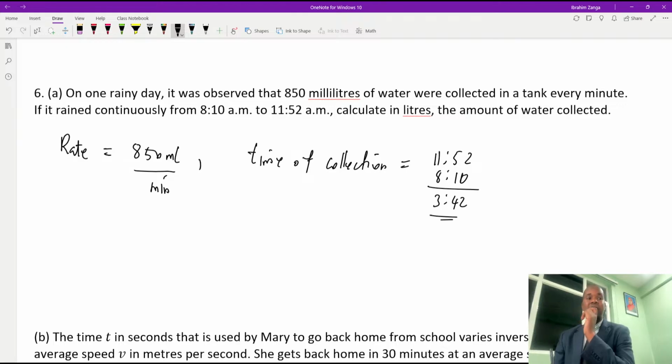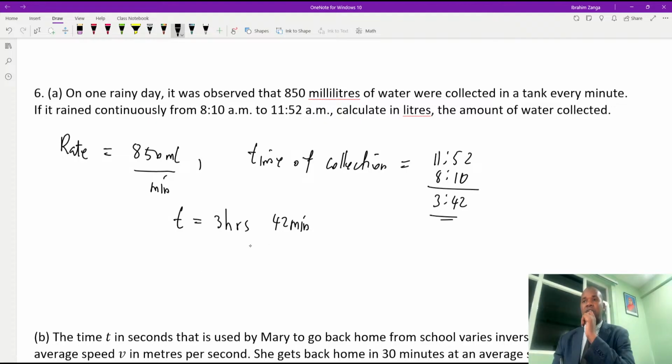So we have actually 3 hours and 42 minutes. So time T will be 3 hours 42 minutes.